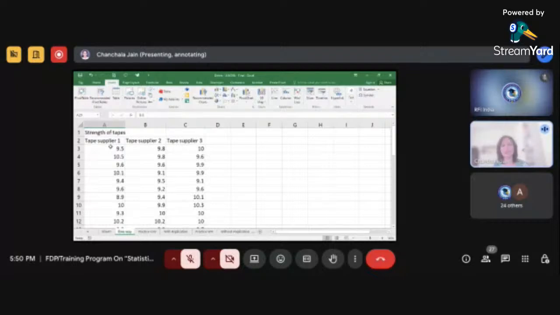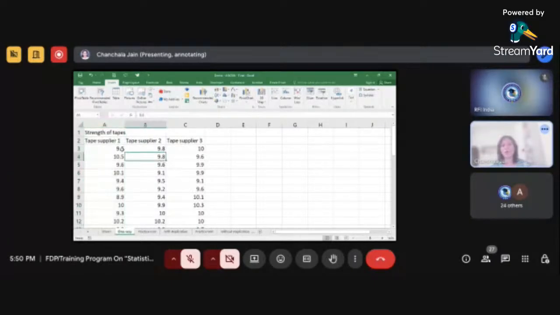For all three suppliers, we have measured the strength and mentioned it in this table.